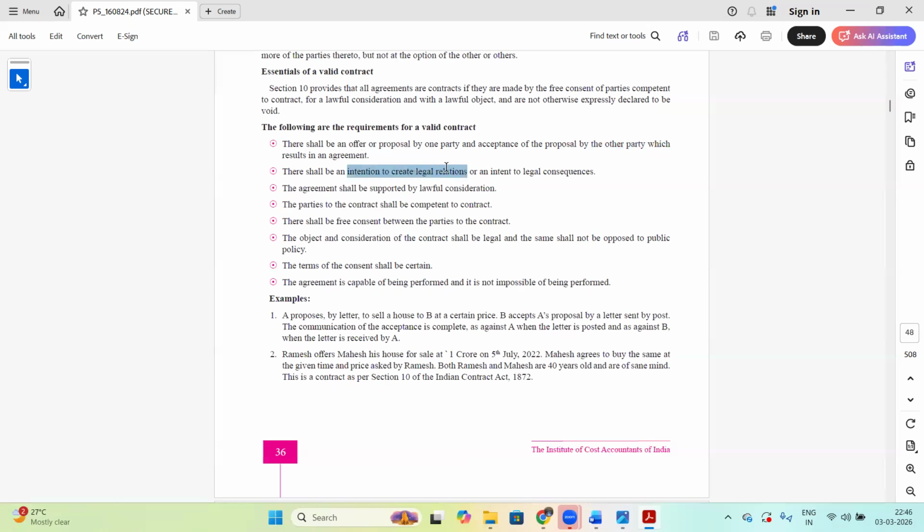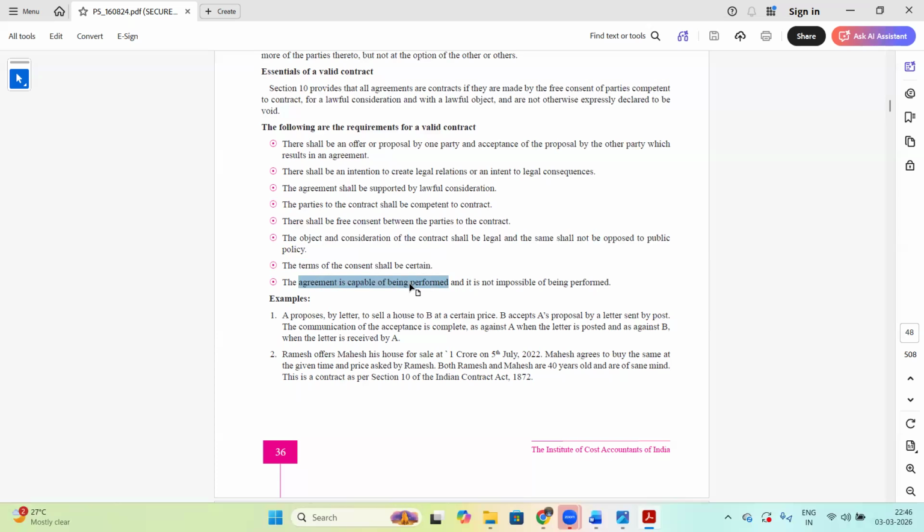There should be a legal intention to create legal relation. The agreement shall be for a lawful consideration. The parties to the contract shall be competent to contract. There shall be a free consent between parties. The object and consideration of the contract shall be legal. The terms of the consent shall be certain. The agreement is capable of being performed.